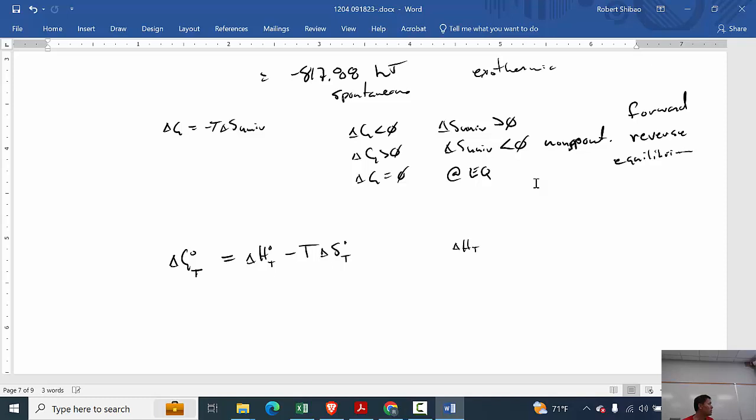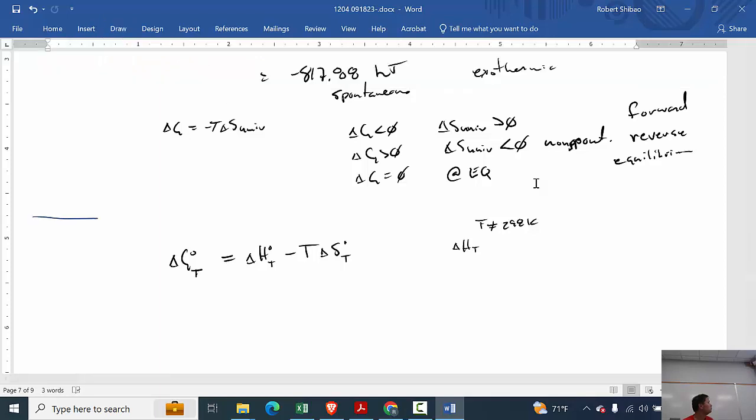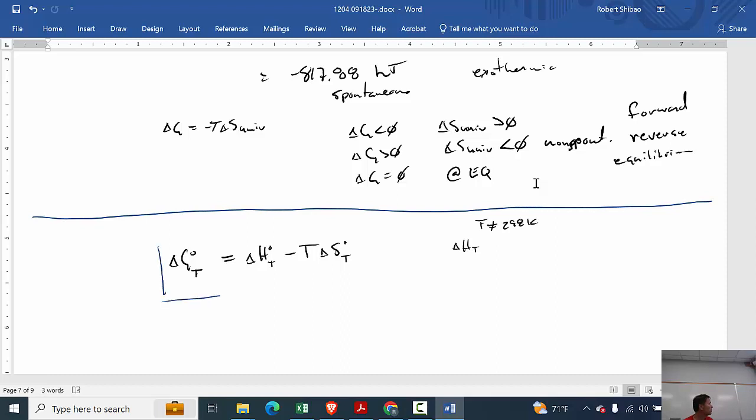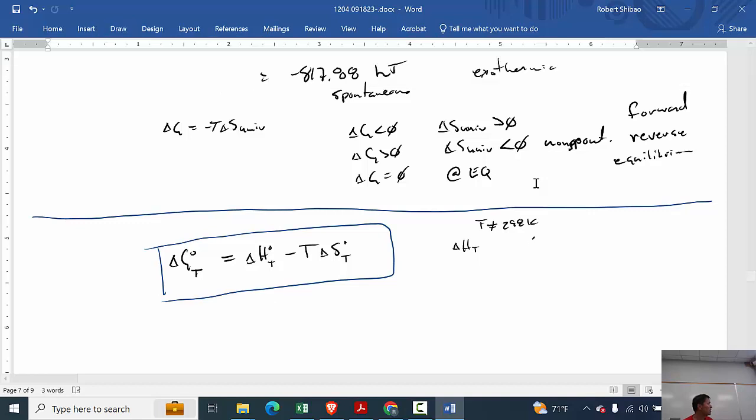Delta H at some temperature T, and let's say T is not 298 Kelvin. Then delta H sub T and delta S sub T, we have to find these or calculate these or determine these ourselves.